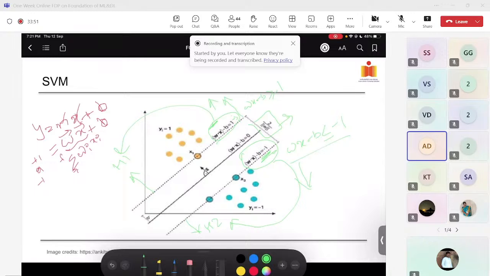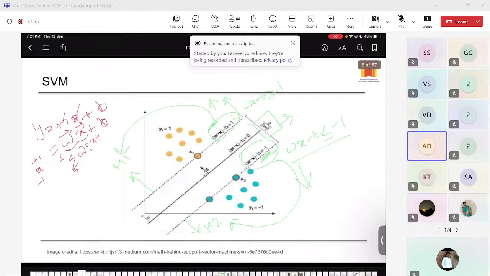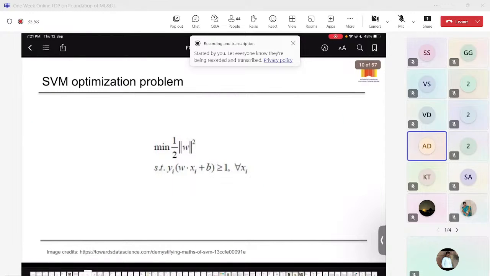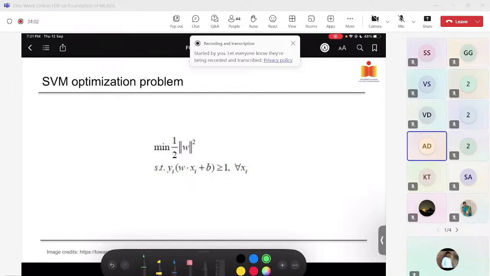So the margin is this particular value. Once you understand that point, everything else is similar. So this is your final optimization problem in SVM. What is my optimization problem? I need to find, as we said previously, the max of the margin. This is what we wanted.